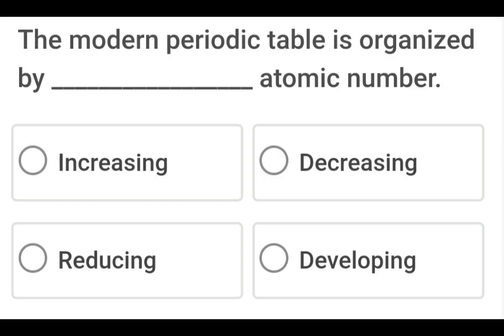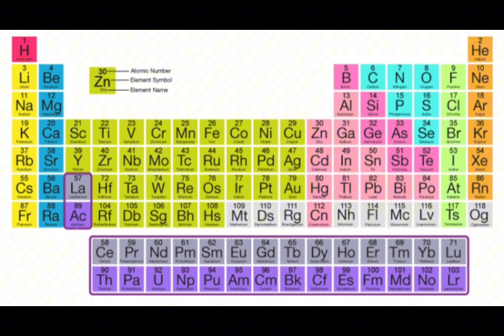The ninth question. The modern periodic table is organized by dash atomic number. A. increasing, B. decreasing, C. reducing, and D. developing. We are going to select increasing as our answer. The modern periodic table is organized by increasing atomic number.